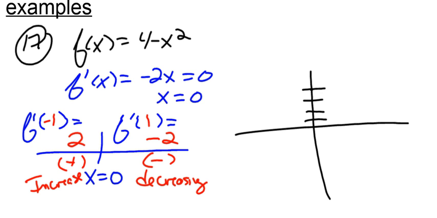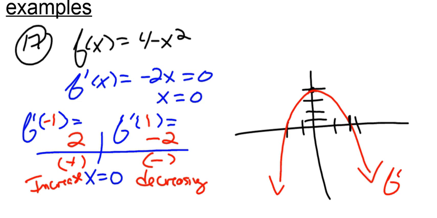So if I sketch the function itself, the graph of the function, which is supposed to be going through 2 here, would look like this. This is f of x. And then if I sketch its derivative, it should look like this.